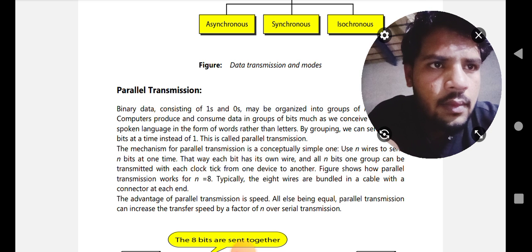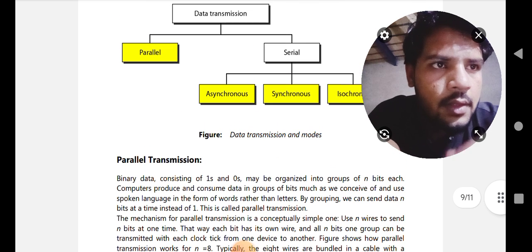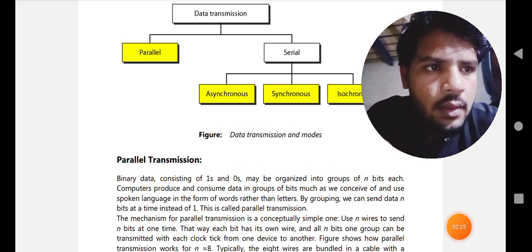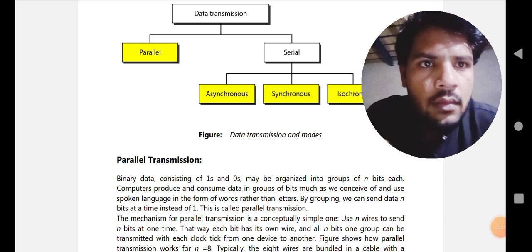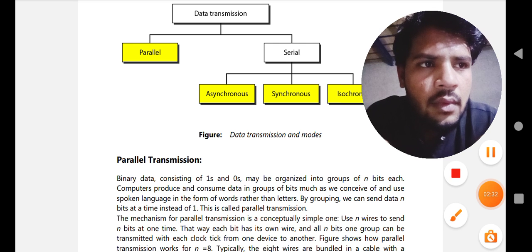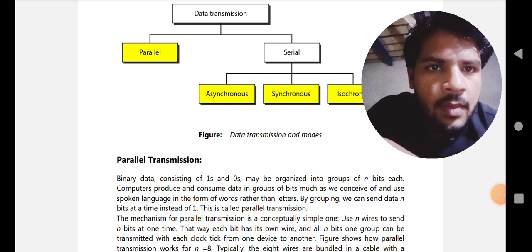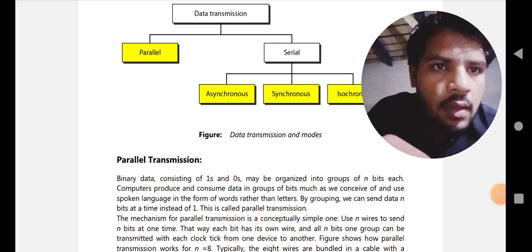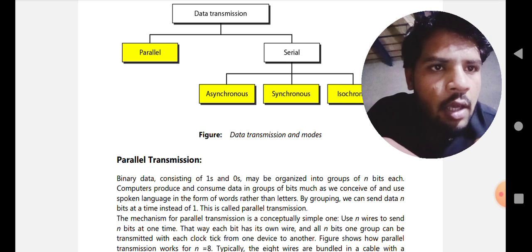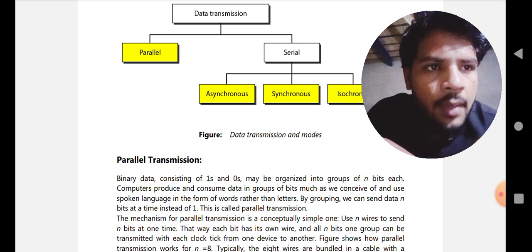So parallel transmission: binary data consisting of 1s or 0s may be organized into groups of n bits each.